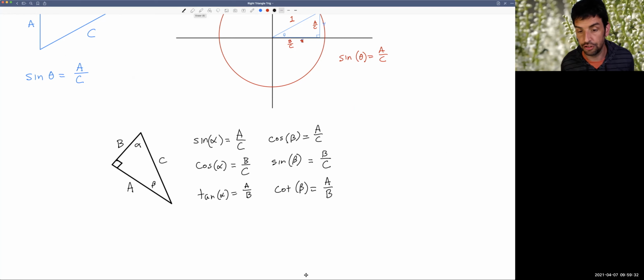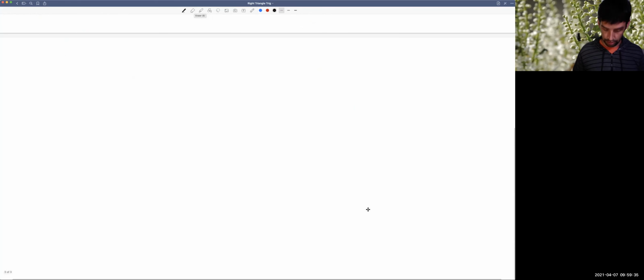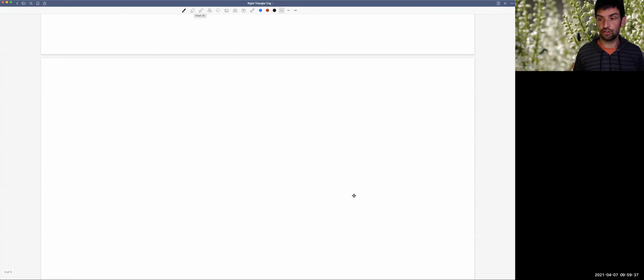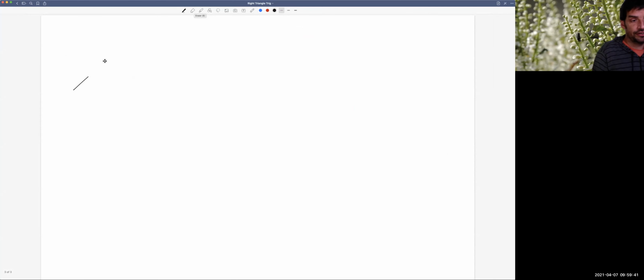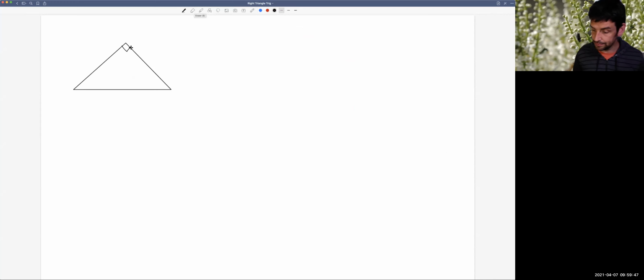Let's first just do some simple examples with these triangle definitions. So for instance, if I have this triangle, there's a right angle. Let's call this alpha. And let's say we know the sides are 3, 4, and 5.